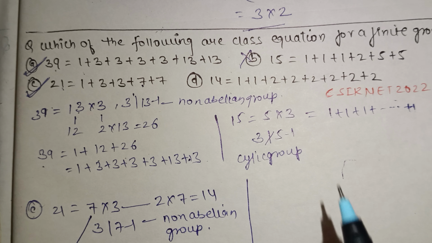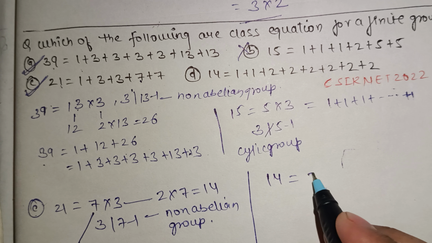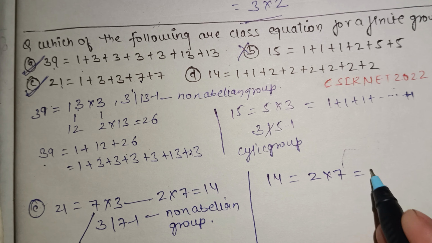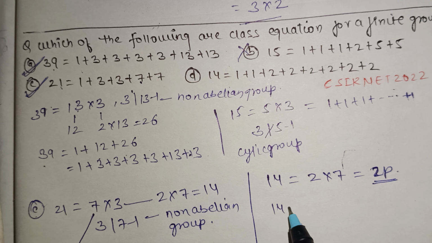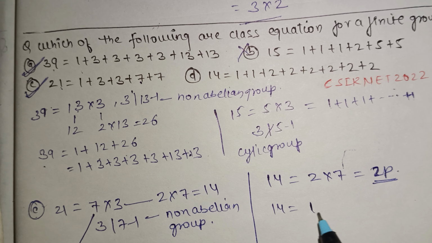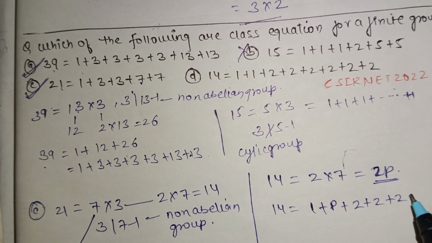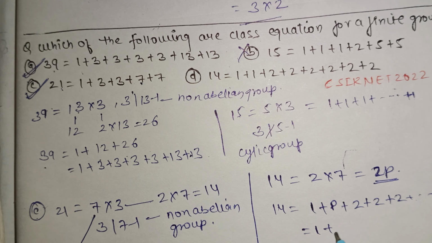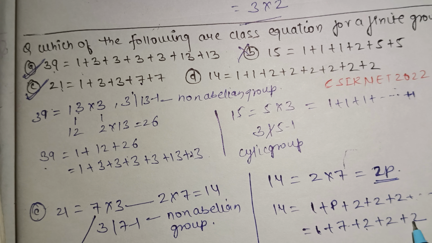Now next we see 14. 14 is 2 into 7, that is a 2p type group. If the group is of 2p type, then its class equation is 1 plus p plus 2 plus 2 plus 2 and so on. So here the class equation is 1 plus 7 plus 2 plus 2 plus 2, that is 7, 8, 9, 10, 11, 12, 13, 14.